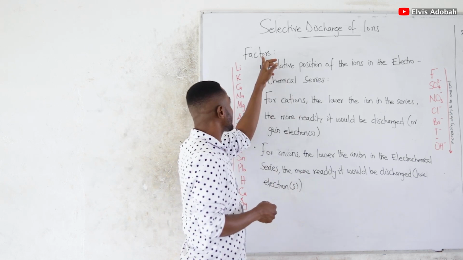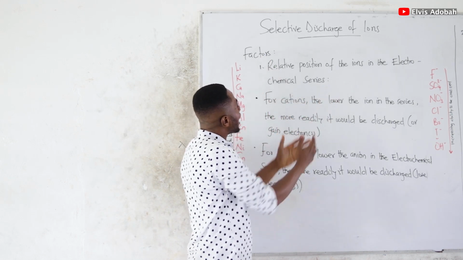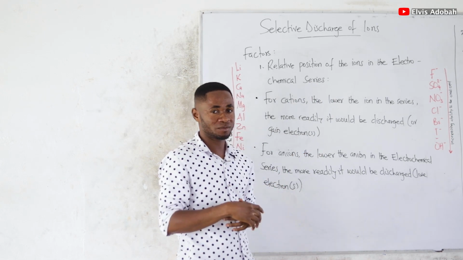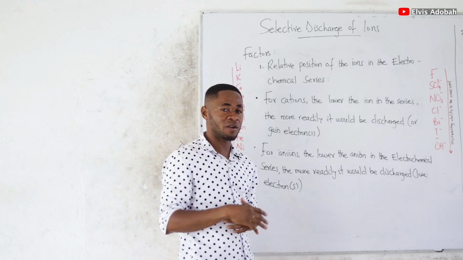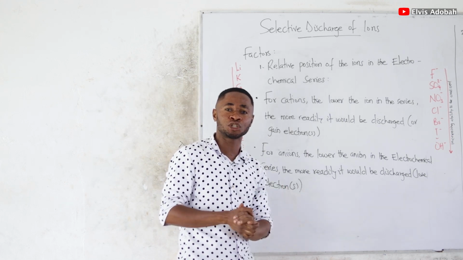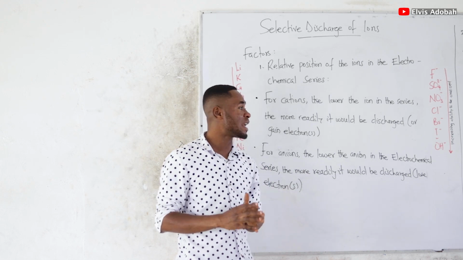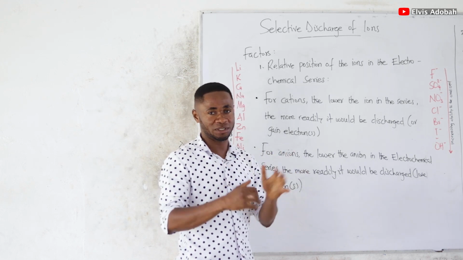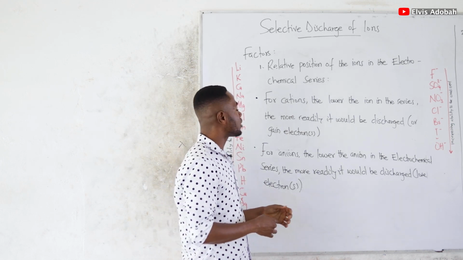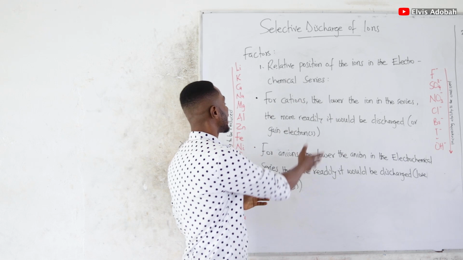But what are the factors that would determine which of the ions are supposed to be selected at the anode and at the cathode? We are going to talk about 3 of the factors. The first one is the relative position of the ions in the electrochemical series. Remember we said we are going to have positively charged ions, they are going to be the cations.